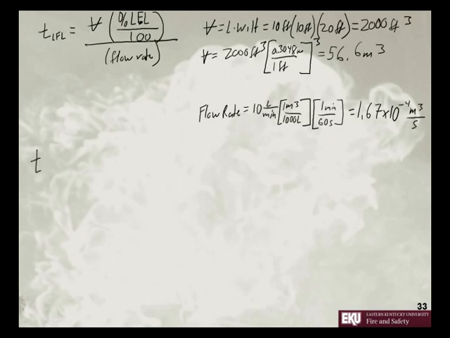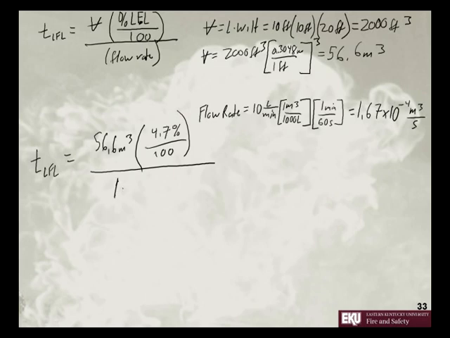So our time to the lower flammability limit is going to be equal to 56.6 meters cubed times our 4.7% divided by 100 divided by 1.67 times 10 to the negative fourth meters cubed per second, which is equal to 56.6 times 4.7 divided by 100 divided by 1.67 times 10 to the negative fourth.